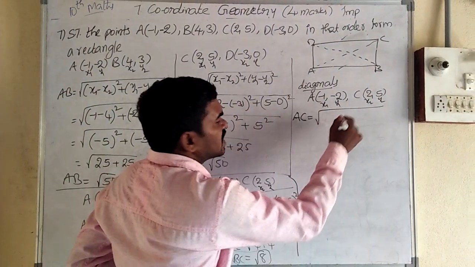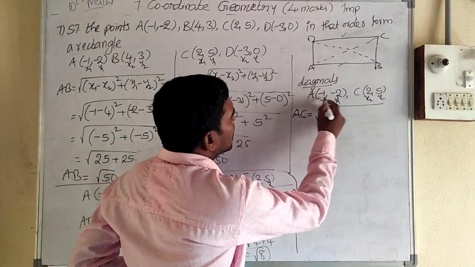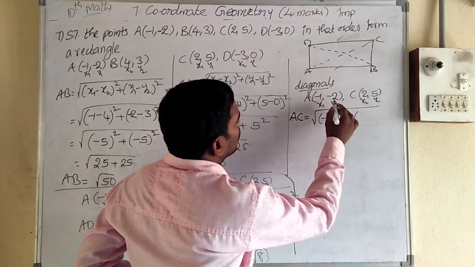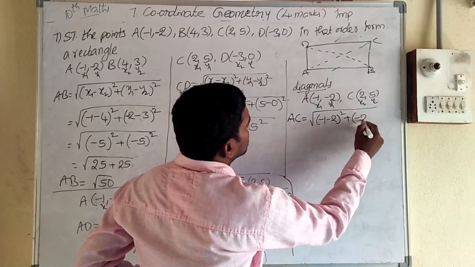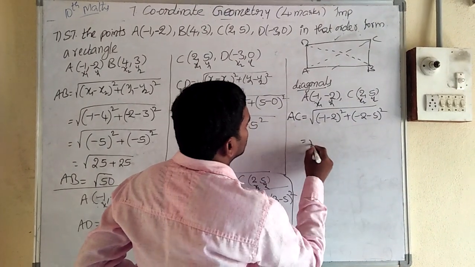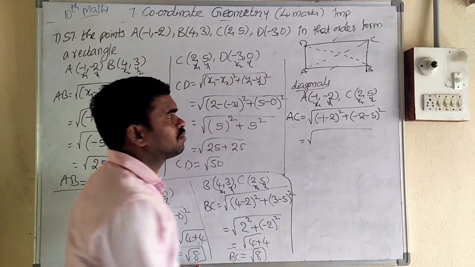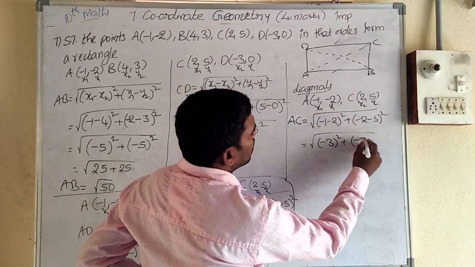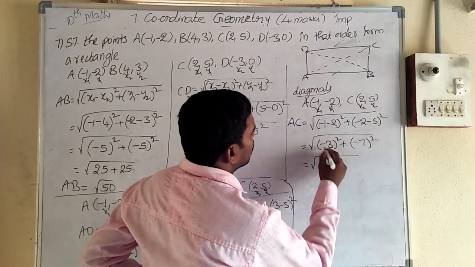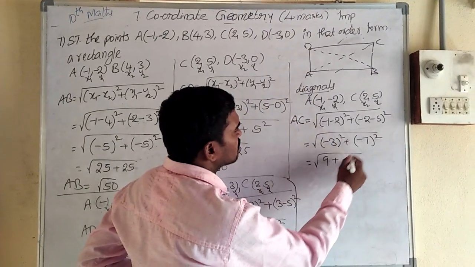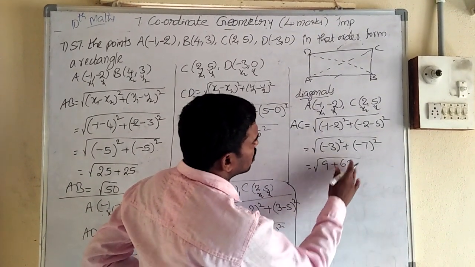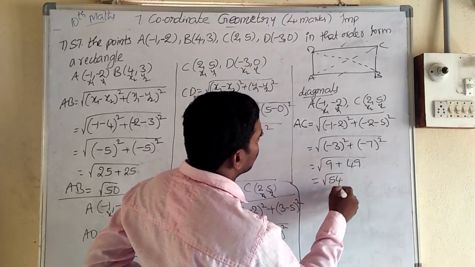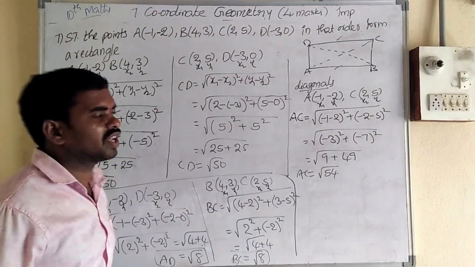What is the formula? x1 minus x2 whole square, means minus 1 minus 2 whole square. Next plus y1 minus y2 whole square, means minus 2 minus 5 whole square. Is equal to minus 1 minus 2, how much? Minus 3. Minus 3 whole square, plus minus 2 minus 5, minus 7 whole square. So minus 3 whole square how much? 9, plus minus 7 whole square, now 63. Sorry, 49. So how much is it? 54. So diagonal AC equals root 54.